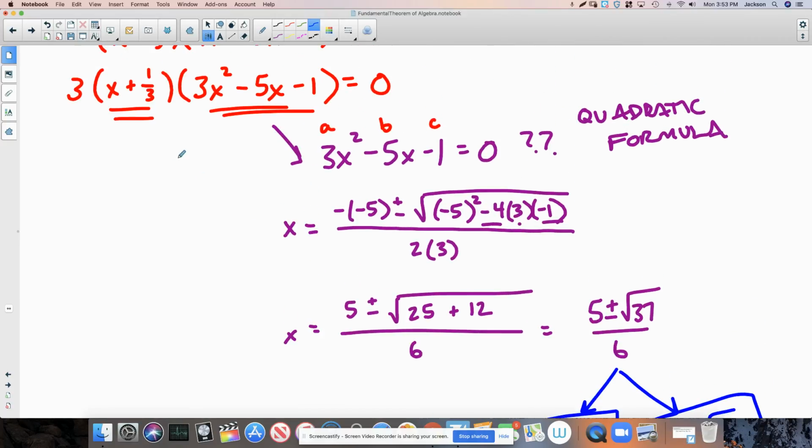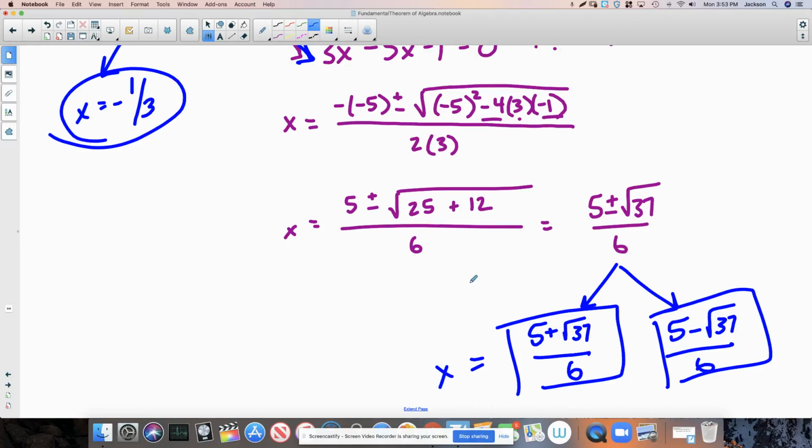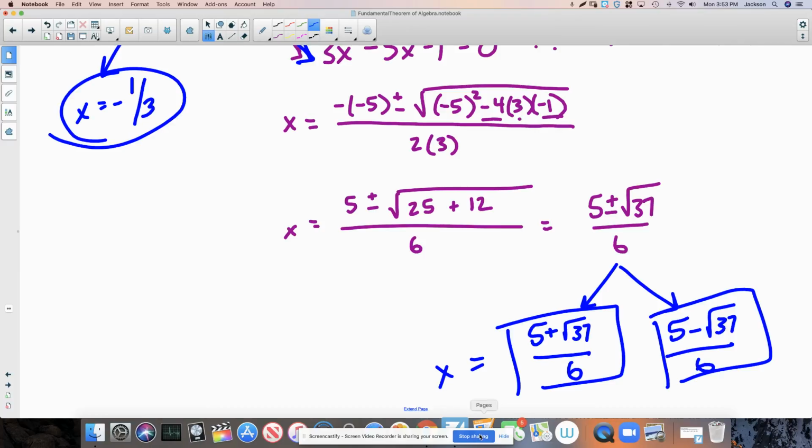We already knew this one: x equals negative 1/3. We saw that from the graph. The other 2 came from this quadratic. We couldn't factor it into integer values or easy numbers, so we went straight to the quadratic formula and used that to find these other 2 missing values. Here's all 3 zeros, or all 3 roots, for that third degree polynomial.